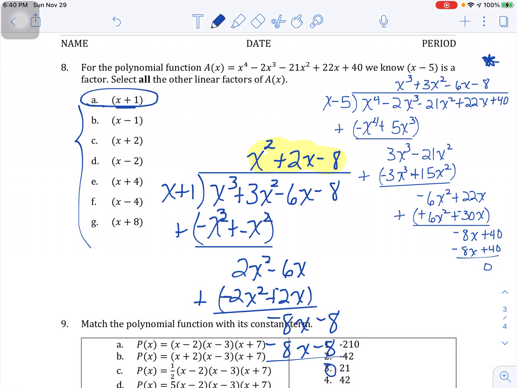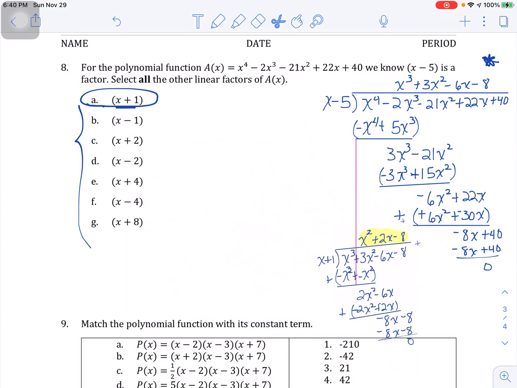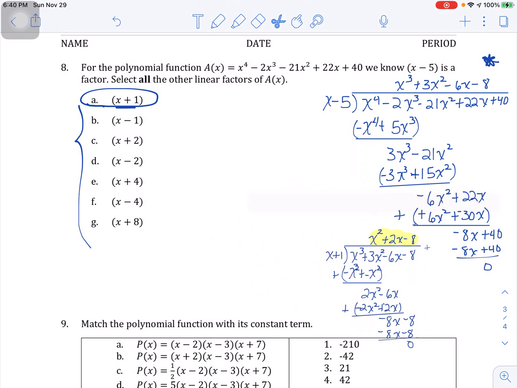So let's get rid of this or move it off to the side. So my quadratic here is x squared plus 2x minus 8. So I'm going to factor that into two linear factors. They both start with x because I need to get x squared, and then I need to get a negative 8 when I multiply but add to get a positive 2.